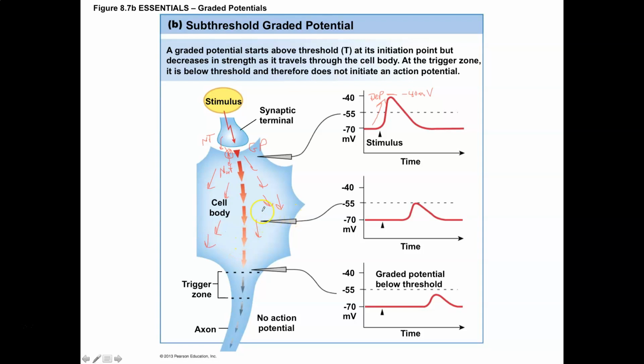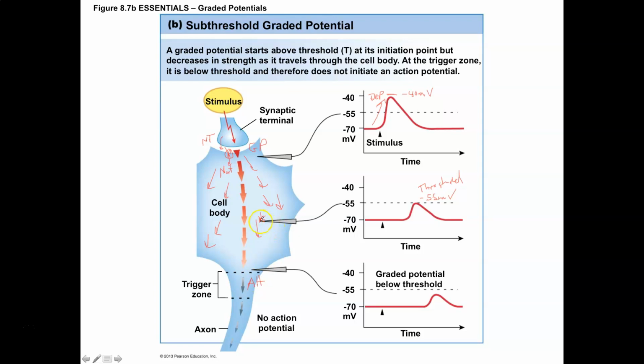We can see it as we measure the signal at this location right here. We see that the depolarization is at negative 55 millivolts, which is good. That's the threshold value if you were at the axon hillock, but you're not at the axon hillock yet. The axon hillock is down here, the trigger zone.